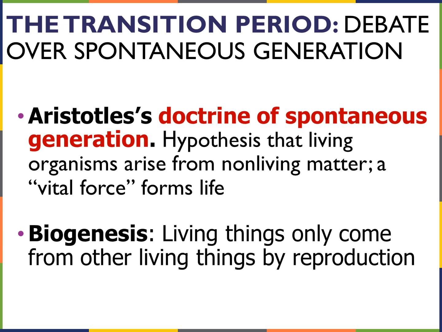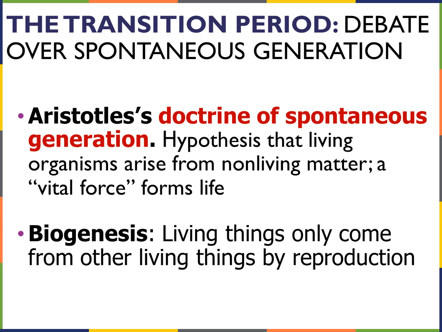Okay, so for example, if the question was asked, where do alligators come from? Well, according to spontaneous generation, the alligator is typically found in water. Well, there's usually trees found near water.